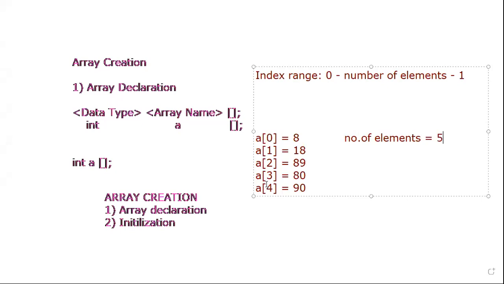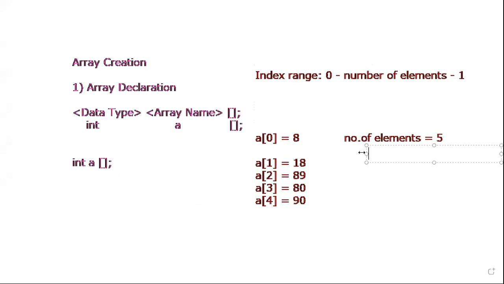That is what we have meant here. 5 number of elements minus 1 equals 4. So that is the index range, going from 0 to 4. How is this 4 decided?